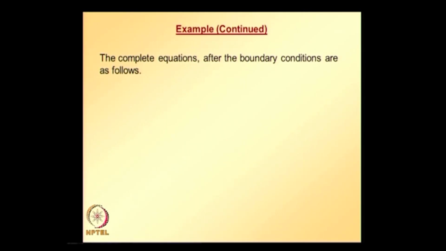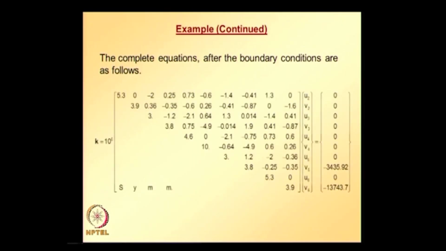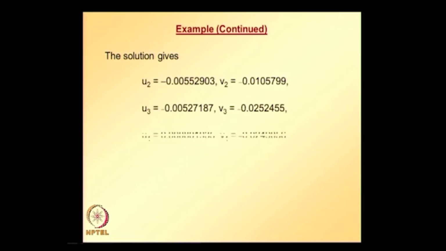The complete equations after applying boundary conditions are given here, the complete reduced equation system. So, solving this, we can find the solution at all the 5 nodes.